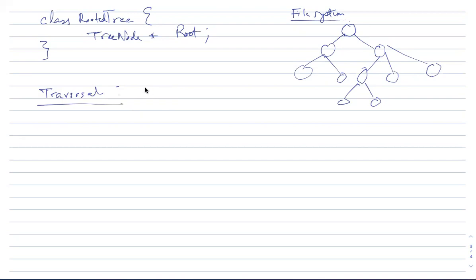So traversal is a manner of visiting a node in a tree. But more importantly, we want to visit it only once. We don't want to visit necessarily more than once.